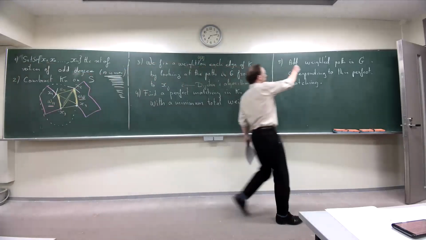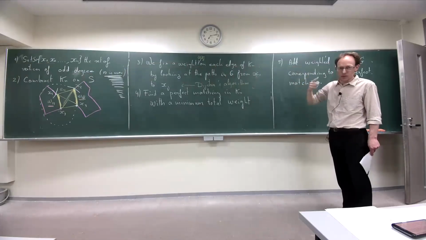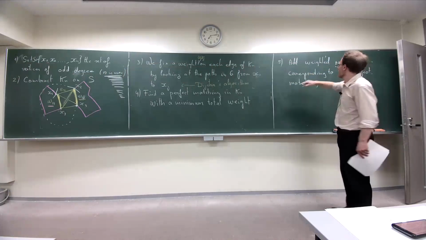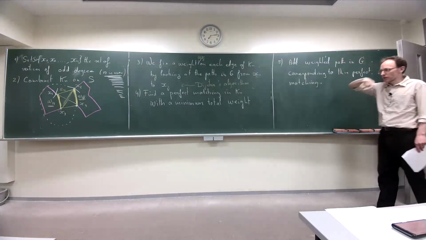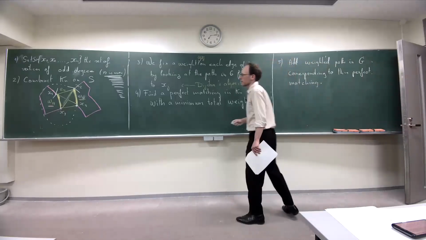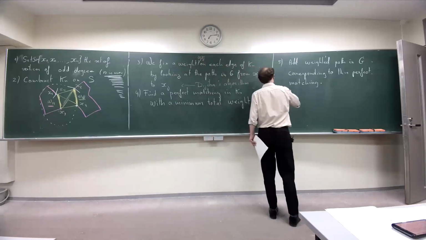So add weighted paths in G, but these edges already exist. Simply, I'm going to construct this path corresponding to this perfect matching. All right. And now this is what we have and what we observe.